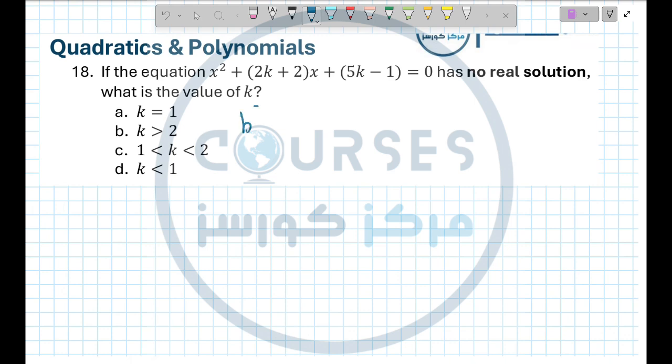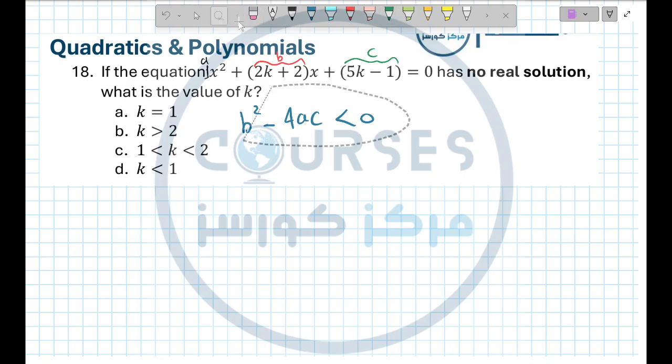So b squared minus 4ac is less than 0. Where is a, where is b, and where is c? A is just the number next to x squared, which is 1. This is b, and all of this is c.